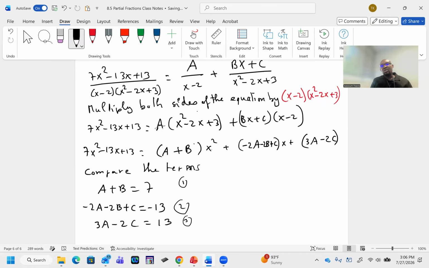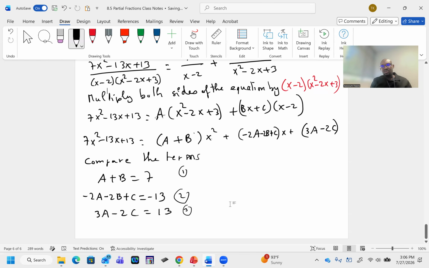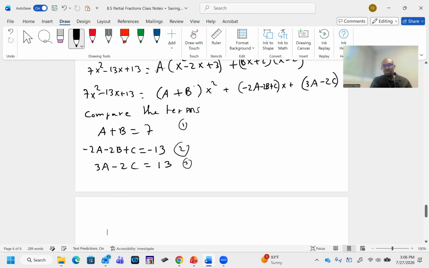And then once you solve, you will get a is 5, b is 2, and c is 1.